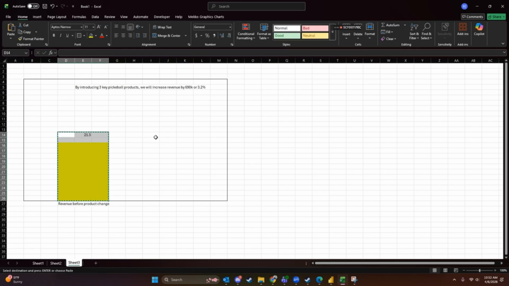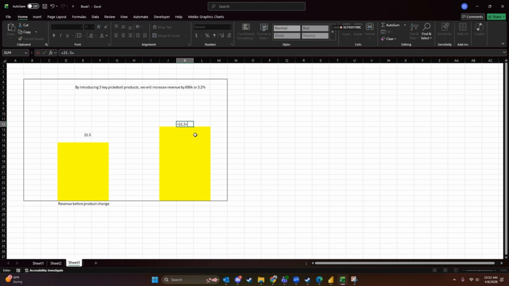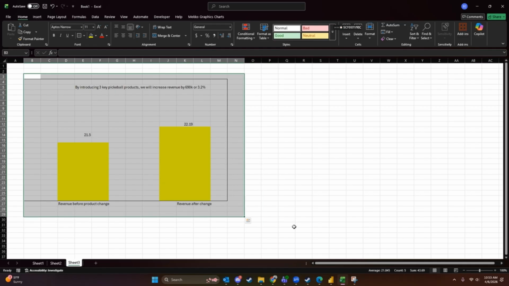And then another one right here, and it would be bigger, and it would equal 21.5 plus 0.690. And then it's revenue after change. So this might be all we need on the slide.